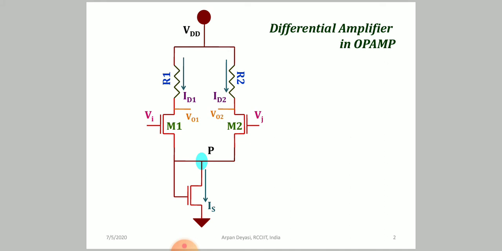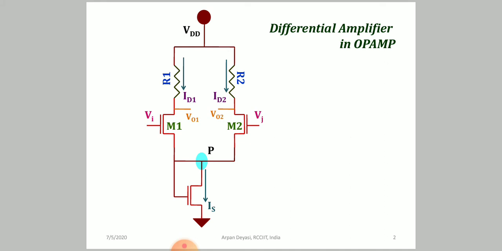If you recall the current mirror we considered in the theoretical circuit, that is replaced by a MOSFET where drain and gate are shorted, so it will naturally be in saturation because of the potential difference, and that means the current is constant, so it will work as a current mirror.